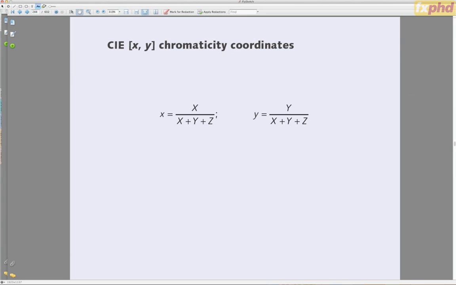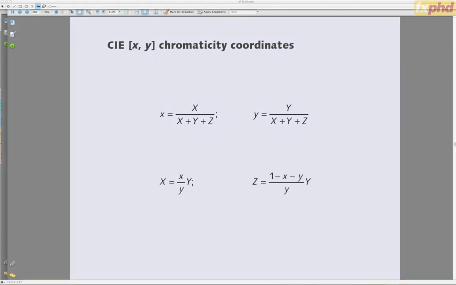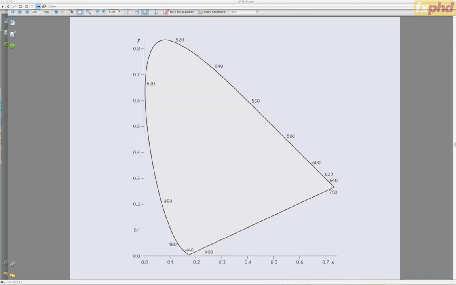Now, there's a very simple way to come out of that mapping to go back to big X, big Y, big Z. And the advantage of going into that mapping is it allows us to build this diagram. So we plot on a piece of paper basically all the colors.